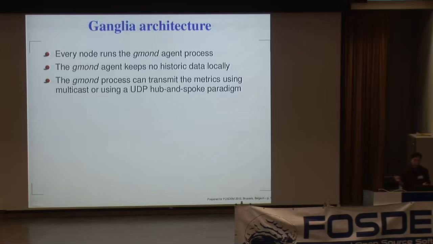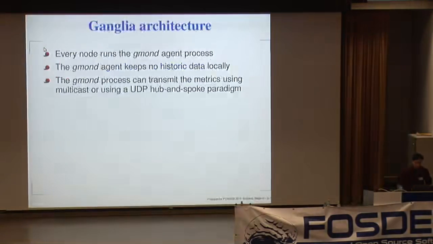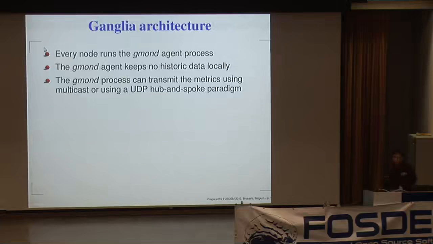The metric data is transmitted by default using multicast. In environments where multicast could be considered chatty, where you don't want to send too many packets, you can use unicast UDP packets, which reduces the amount of network traffic.